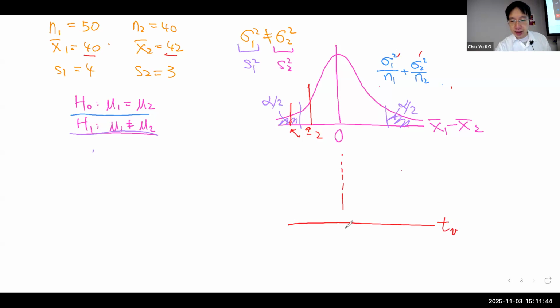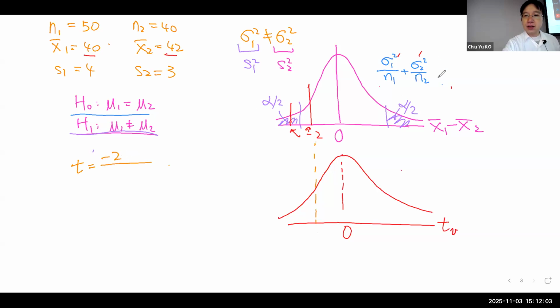This is 0 again. And what is this -2 here? This T value, which we call the test statistic, will be -2 over the square root of this, because this is the standard deviation.